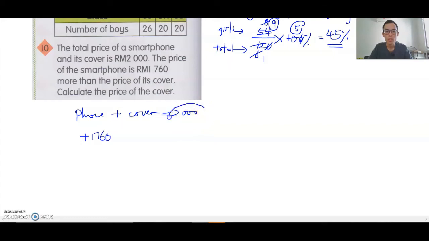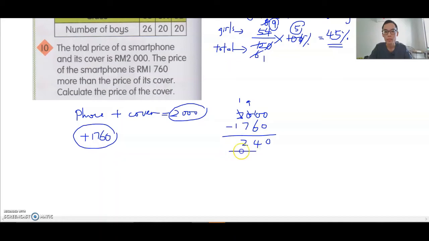So I take the total price, I minus this difference here. Okay, this one you borrow, becomes 1, this one becomes 9, this one becomes 10. 10 minus 6 is 4, 9 minus 7 is 2.